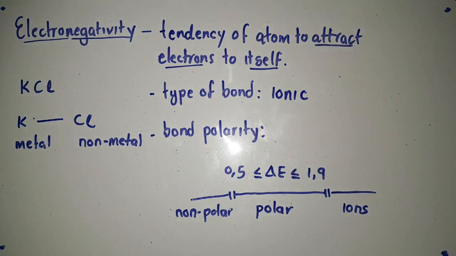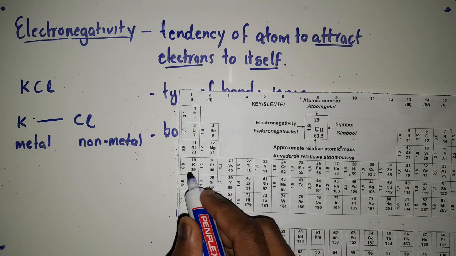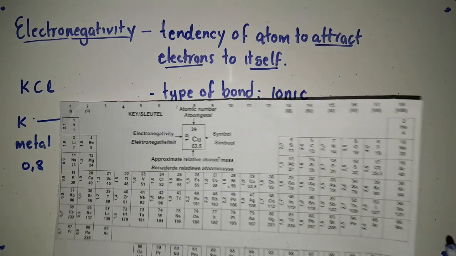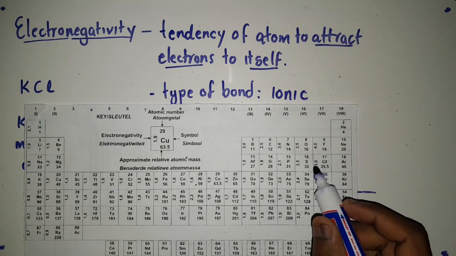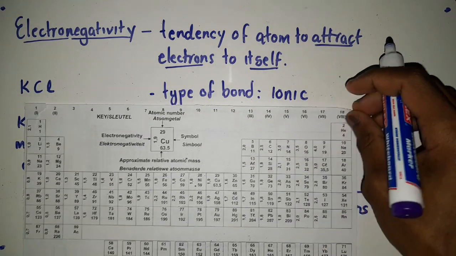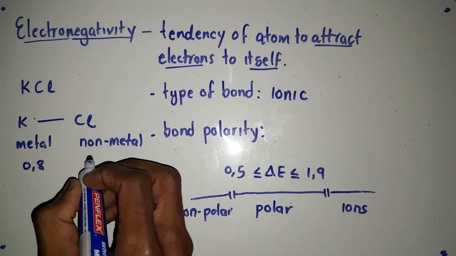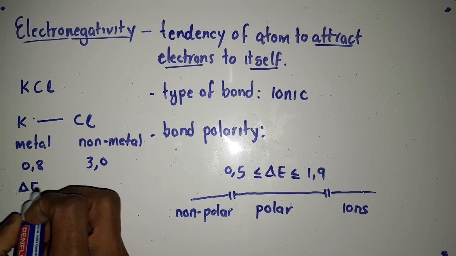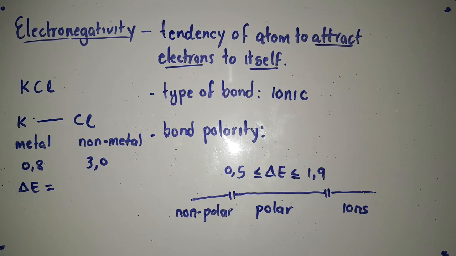Then now, as for the bond polarity, let us consider our electronegativity for K is going to be 0.8. For Cl, it's going to be the value of 3.0 like this. Then we take this and determine the difference.